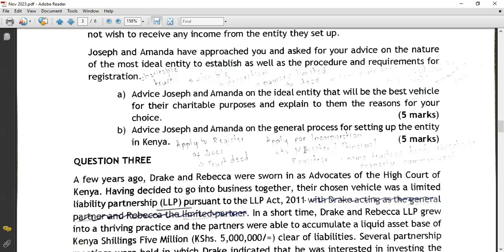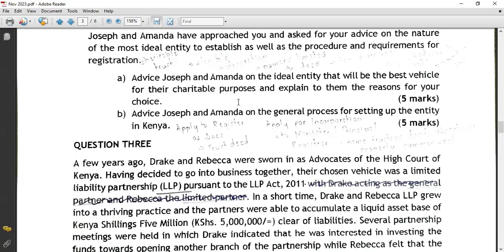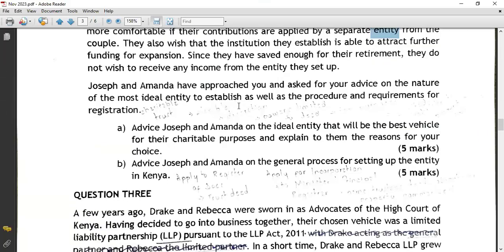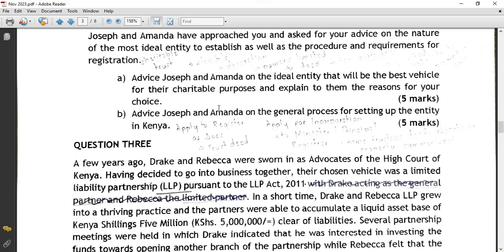So your answer, I would say this is a question that has two answers. It can be a trust, or a company limited by guarantee. So let's go to the next. Advise Joseph and Amanda on the general process of setting up the entity in Kenya. So what is the process?